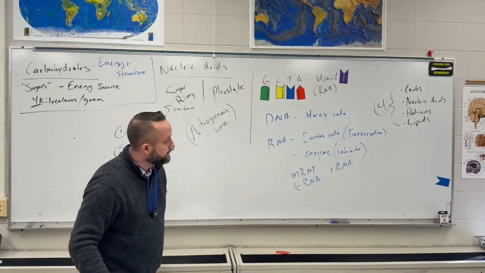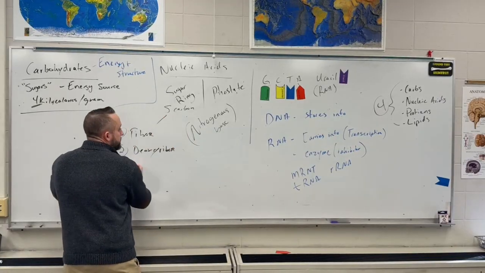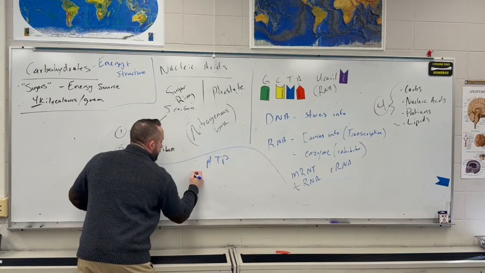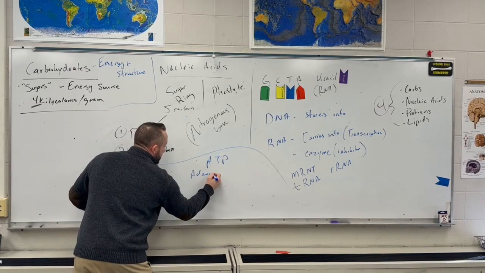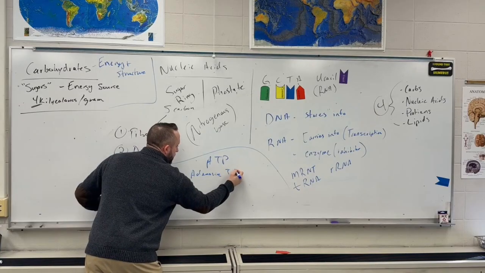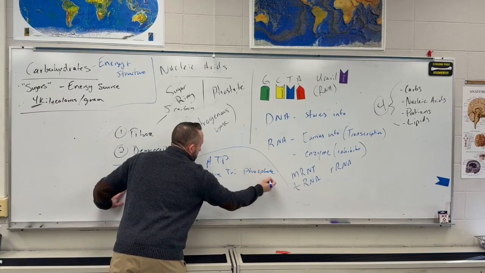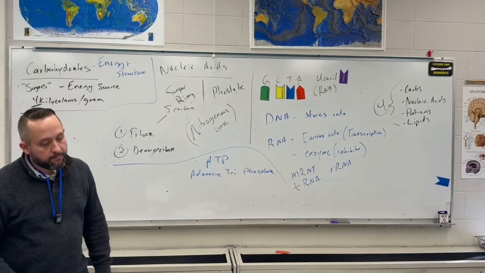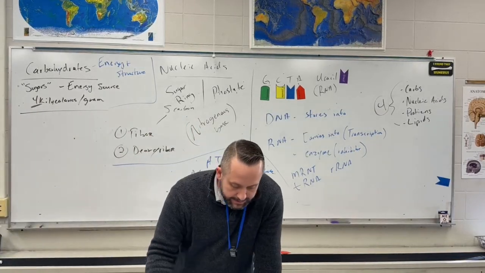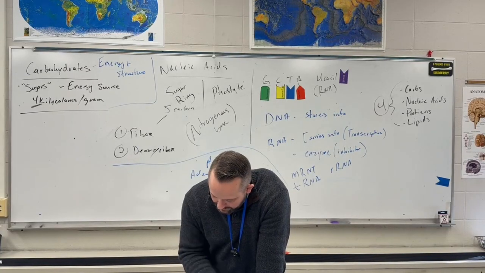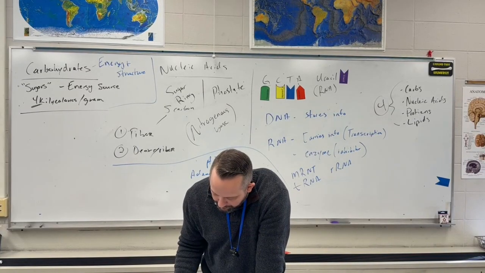Another nucleic acid, and the last one we're going to talk about, is called ATP, and that is adenosine triphosphate. This molecule you can see on page 46, and you can also see it on slide 30.